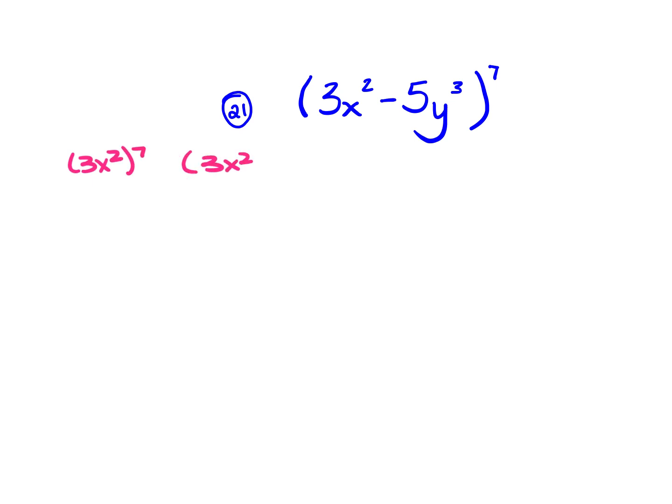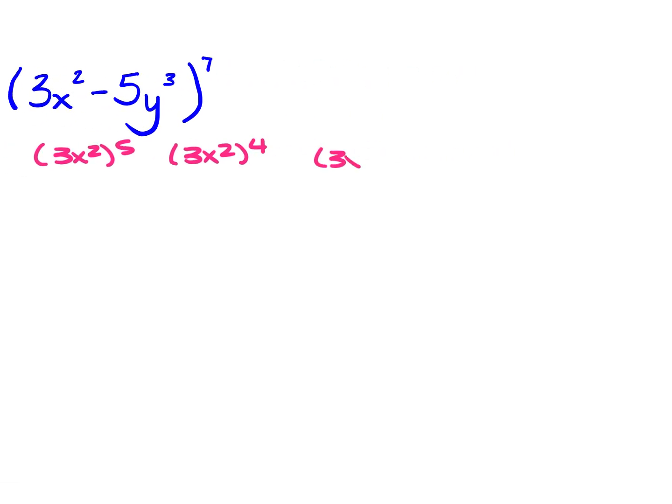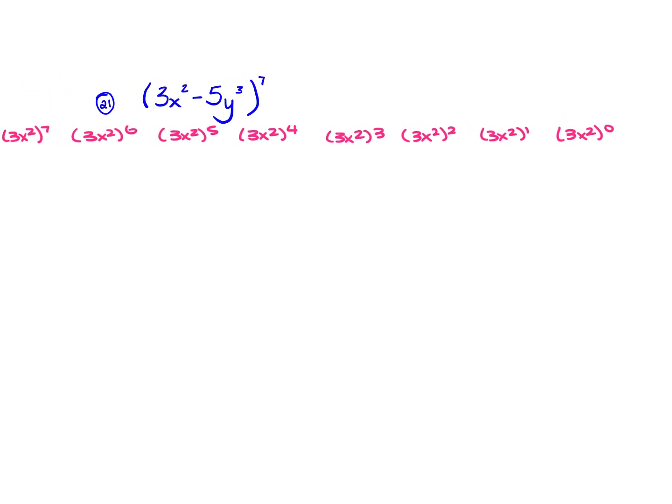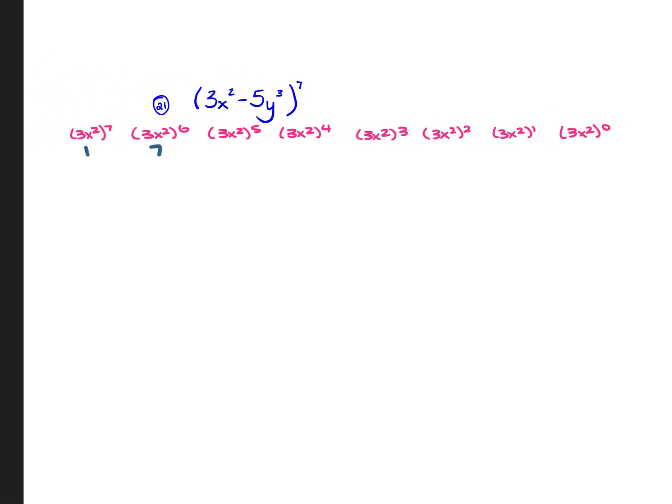Then we have 3x squared to the 6th, 3x squared to the 5th, 3x squared to the 4th, 3x squared to the 3rd, 3x squared to the 2nd, 3x squared to the 1st, and 3x squared to the power of 0. We're working with the power of 7, so we're going to work with 1, 7, 21, 35, 35, 21, 7, and 1.